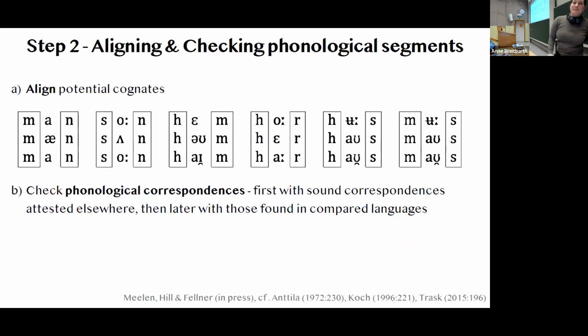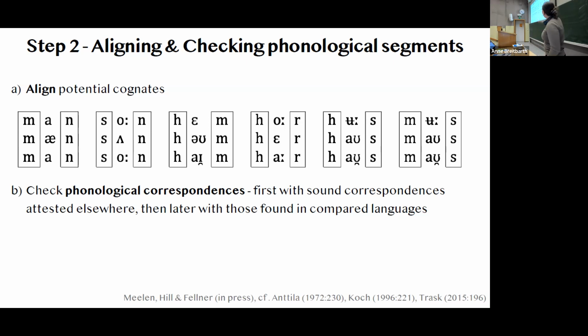So, aligning potential cognates. I am going to give some examples in Indo-European. This is just making it a little bit easier to read for everyone. So if we have a word like man, for instance, in various languages, or sun, etc., then you need to align your potential cognates and your segments.